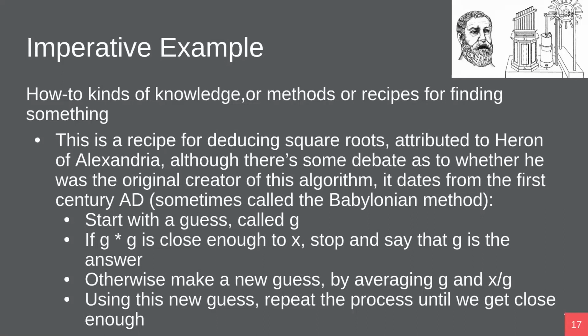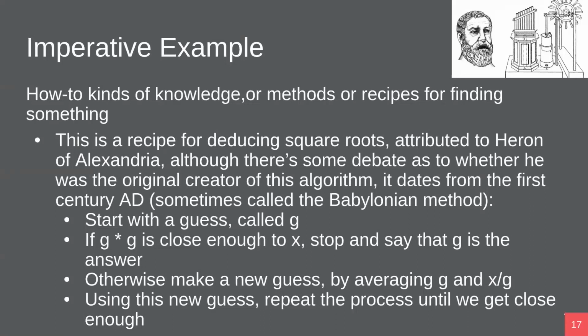So let's say we are trying to work out the square root of 25. If we guess that G is 5, 5 times 5 is 25, stop. Now if we guessed 4, 4 times 4 is 16. It's not 25. So we need to do something else. And what we do is we're going to average G and X divided by G to give us a new guess. Then we're going to multiply the new G by the new G, and we'll repeat the process until we get close enough. Now I'll show you this example in a minute.